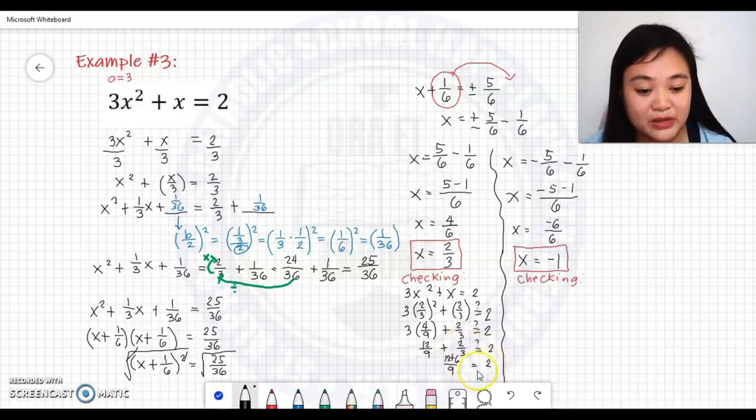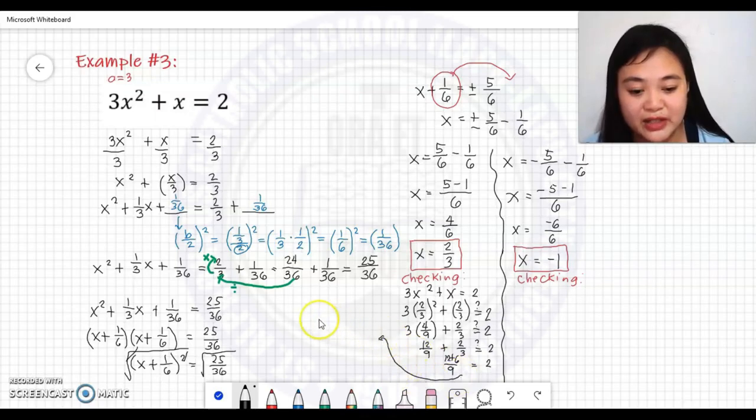So that's 18. I'm sorry. So I will write it here. So that's 18 divided by 9 equals 2. So that will become 2 equals 2. Yes, it's correct.